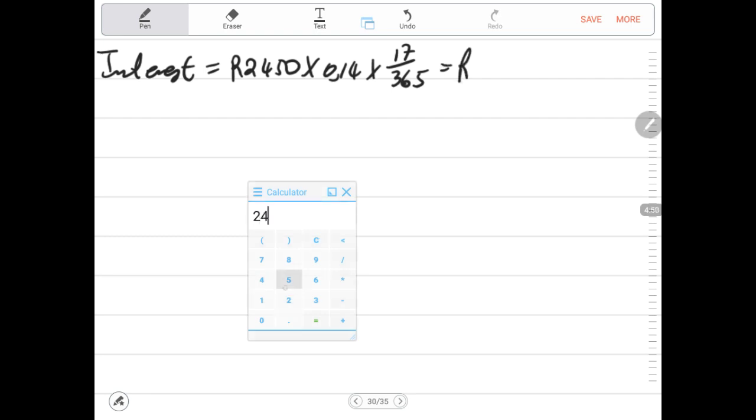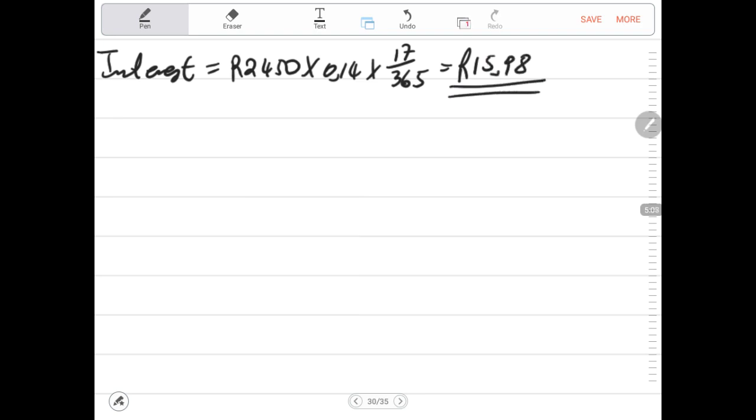Then this will be 2,450 times 0.14 times 17 over 365. So our interest is 15 rand 98 cents. This is the interest only for the 17 days.